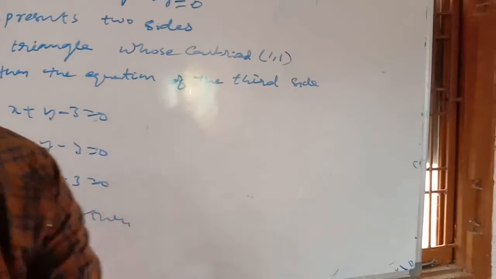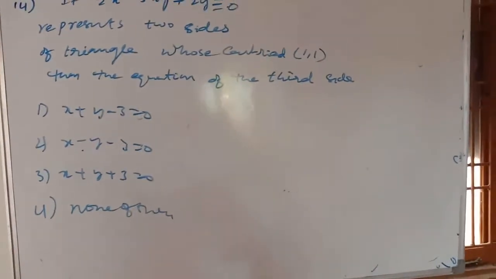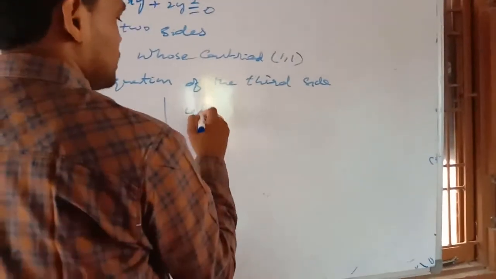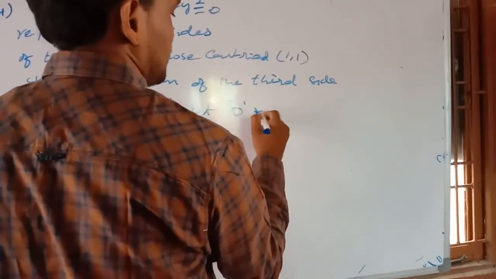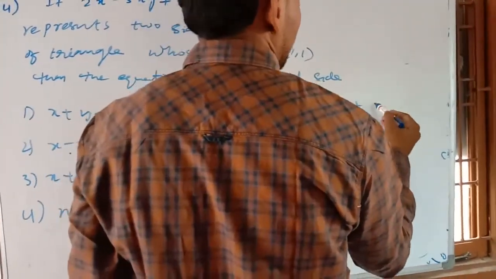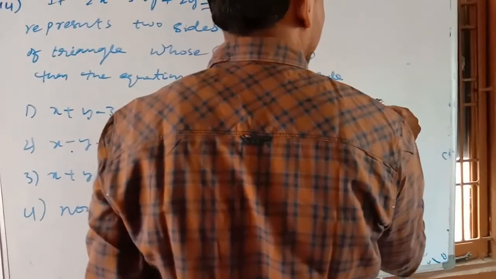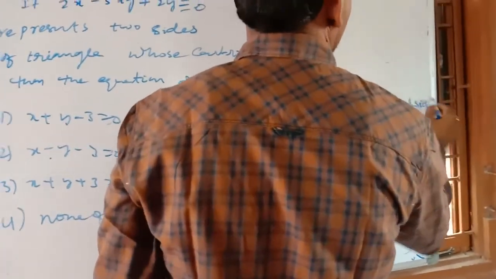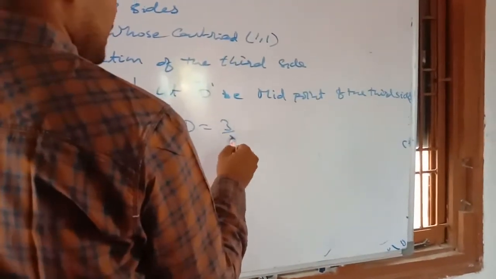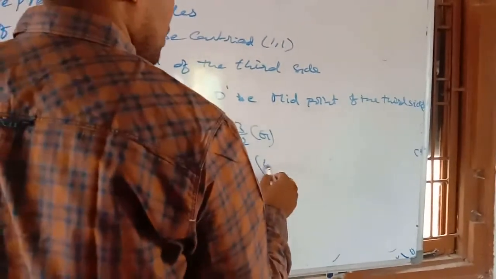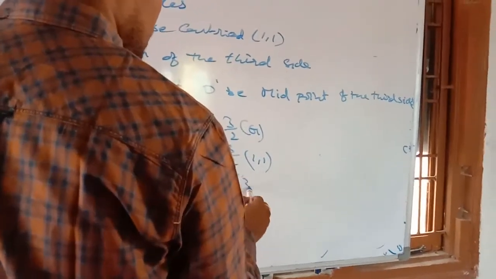Let D be the midpoint of the third side. Then D is equal to 3 by 2 into the centroid, which is 1, 1, so this is 3 by 2, 3 by 2.